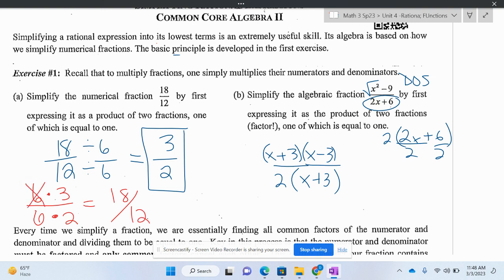Since I have a 6 in the top and a 6 in the bottom, those cancel out. So here, I have x plus 3, the quantity in the top, and x plus 3, the quantity in the bottom. Those cancel out. So what are you left with? x minus 3 over 2. Does that make sense?